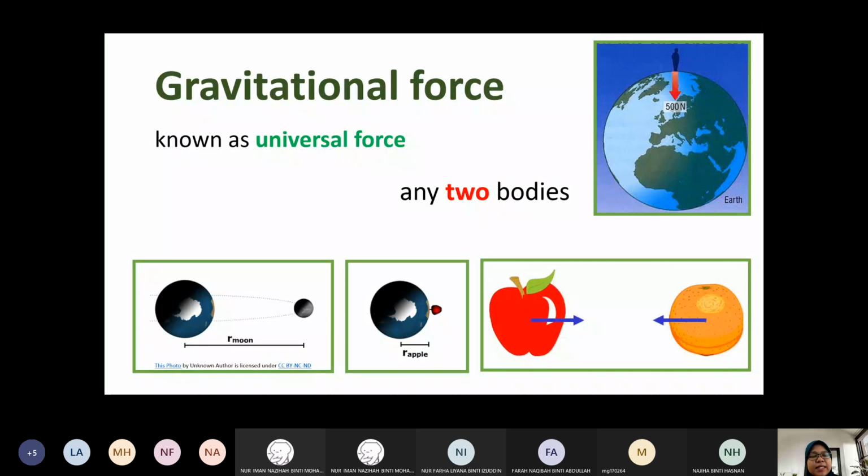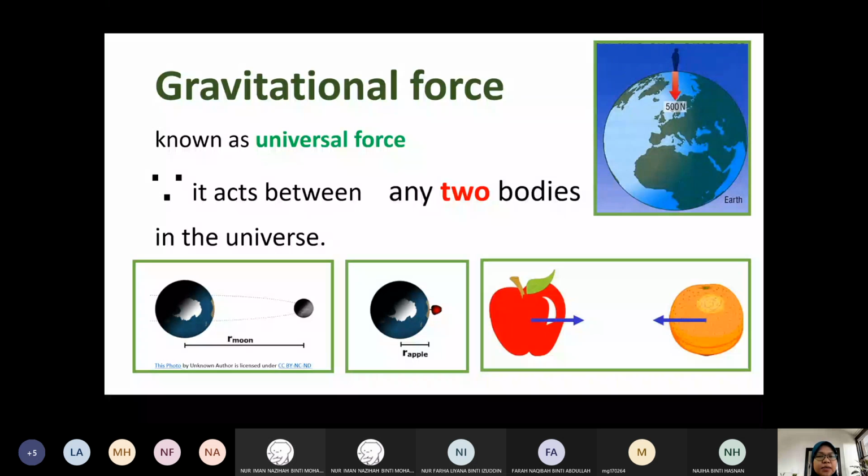Sometimes we can describe it as gravitational force. Why is it known as universal force? It's because it acts between any two bodies. So as long as we have two objects in the universe, we say the two objects apply or have gravitational force. Okay, so is simple actually.